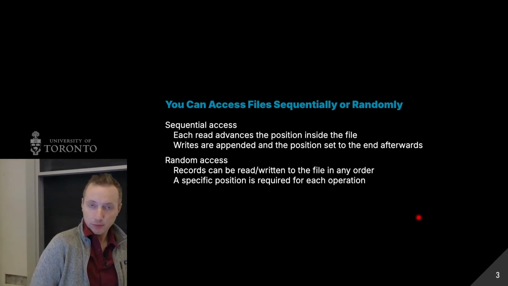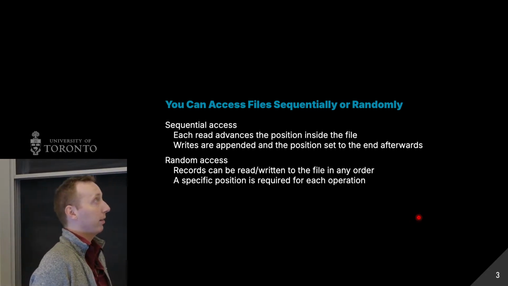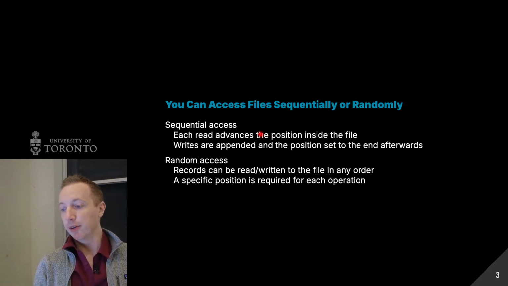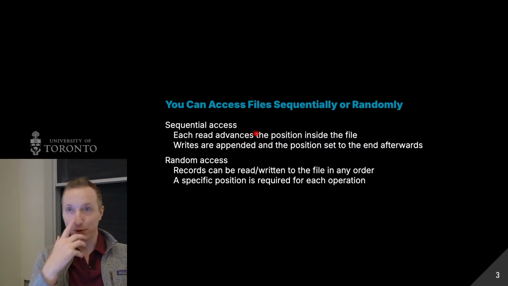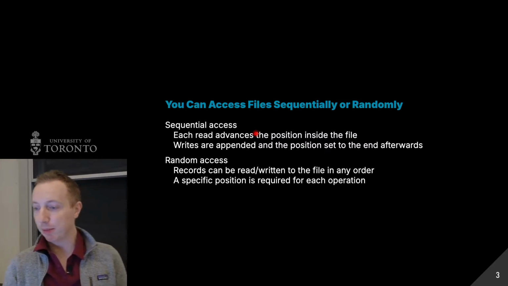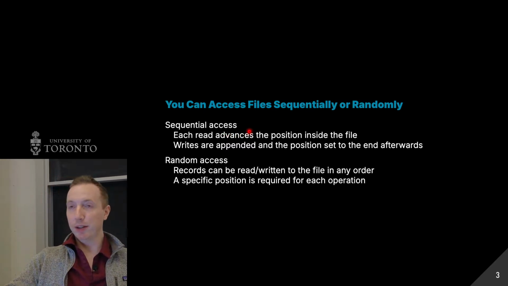So to access files, you can either access the contents of a file sequentially or randomly. For sequential access, this is what we've probably been doing: once we open a file and do read system calls to it, each read system call would advance a position in the file.